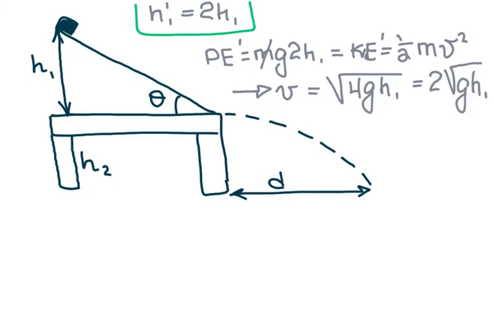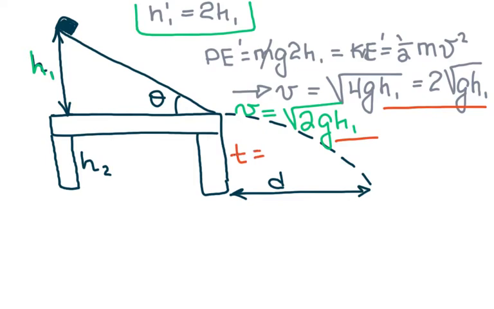If originally h1 was just h1, then your final velocity would be equal to the square root of 2gh1. If you compare this with this, you see that the time is the same for both of them to land. The time from the moment it leaves the table to the moment it falls on the ground is the same before and after you increase h1, because h2 did not change.